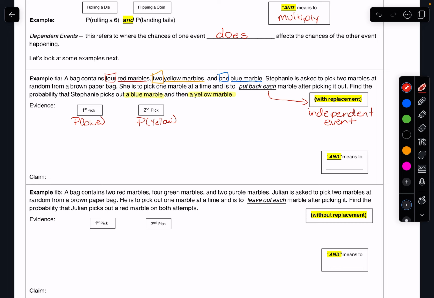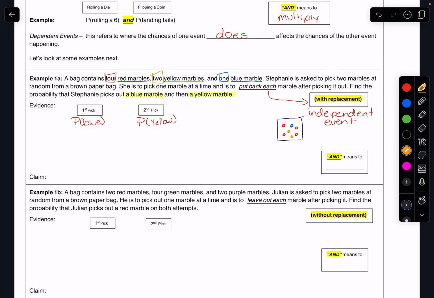Before we can get the probabilities, we need to see how many marbles are inside of this bag. So you can either draw a picture or you can do math, right? Drawing a picture would look something like this, where you draw a box, a bag, whatever. You put in 4 red marbles, 1 blue marble, and 2 yellow marbles.